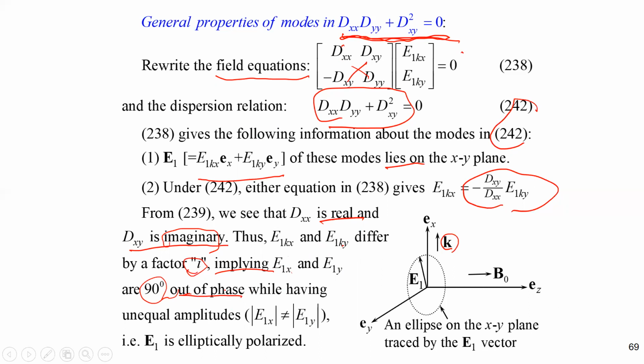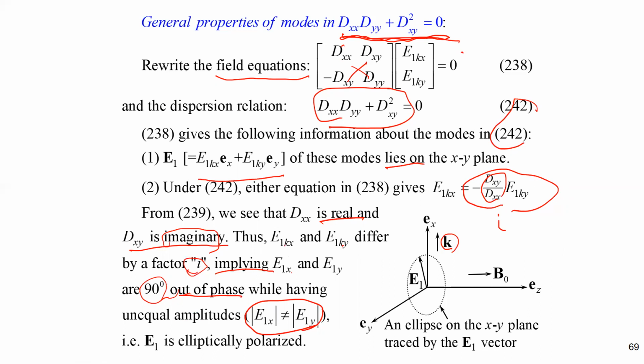Very similar to the previous case, but this time E1x and E1y are not as simple. They might differ by i, but the ratio is not 1.